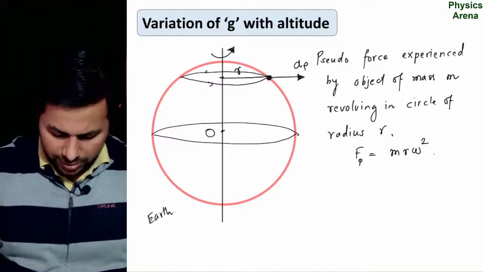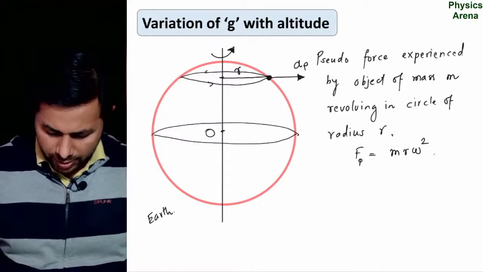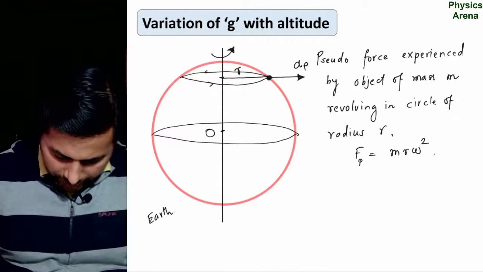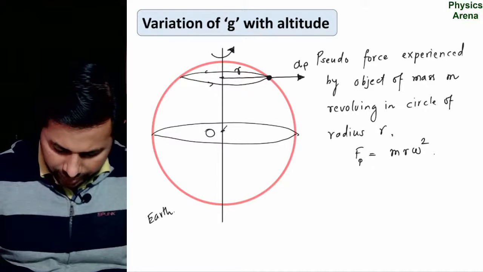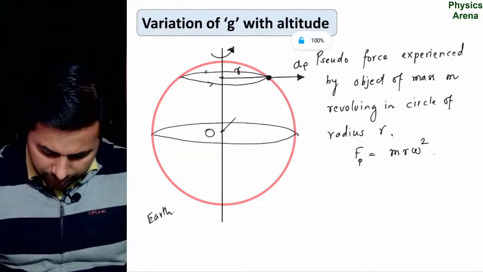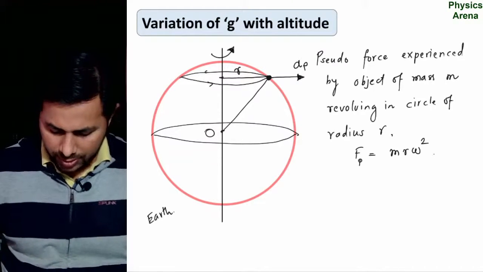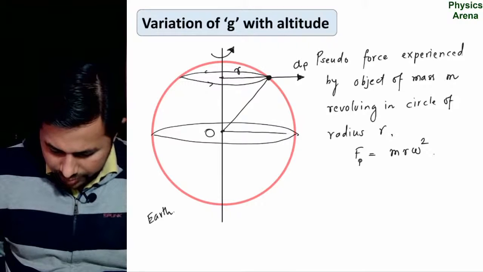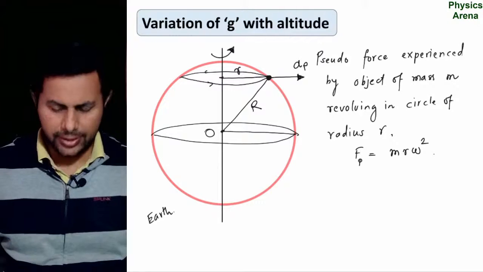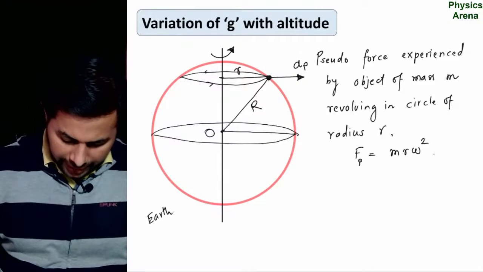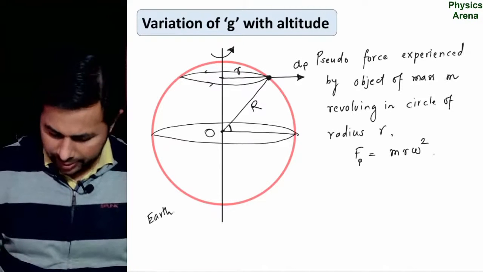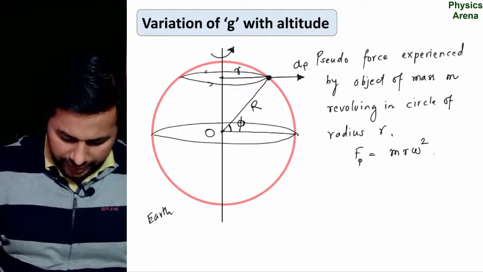Now, I will draw a line from the center of the earth joining this point. So this much distance is R, the radius of the earth, and the altitude can be given by this angle phi.